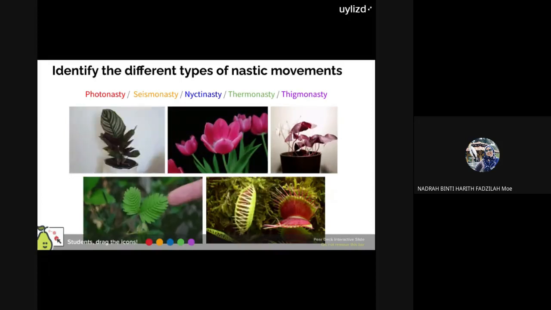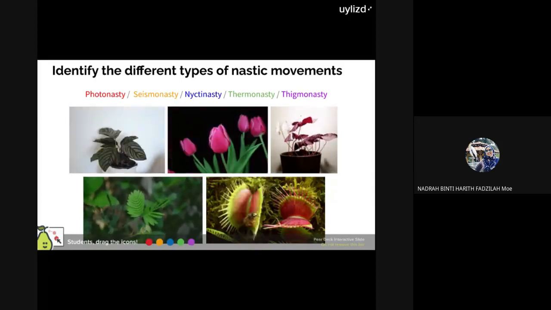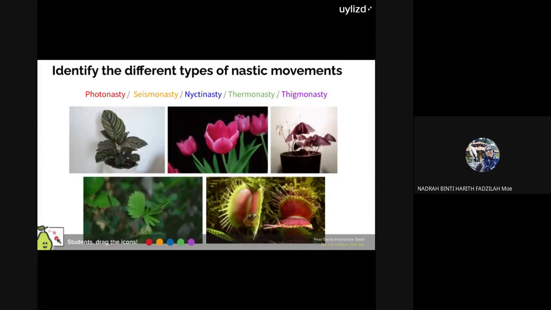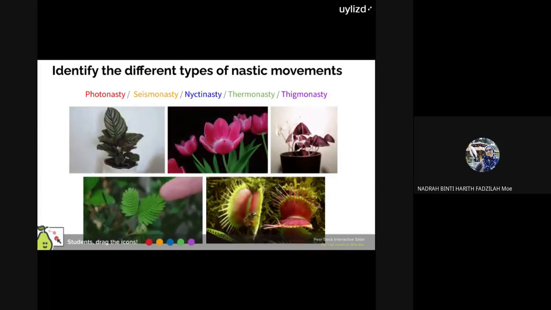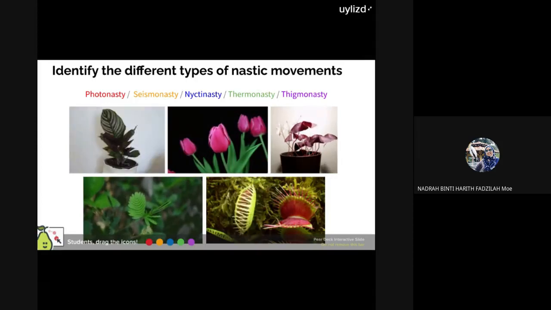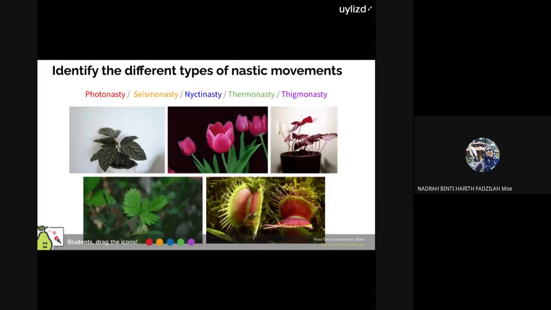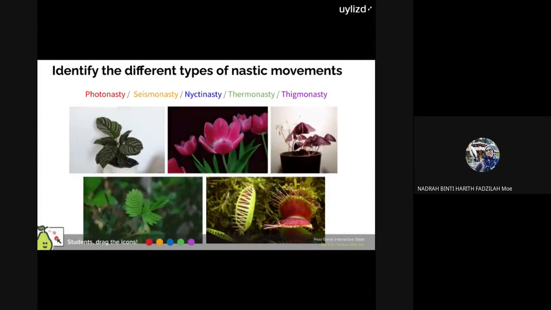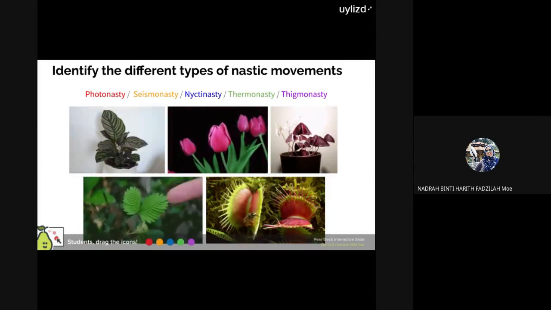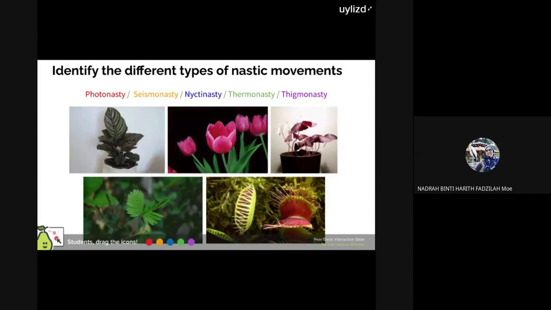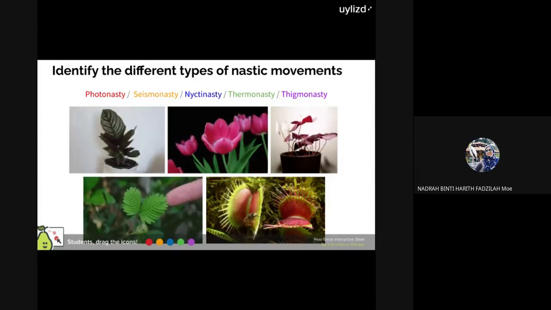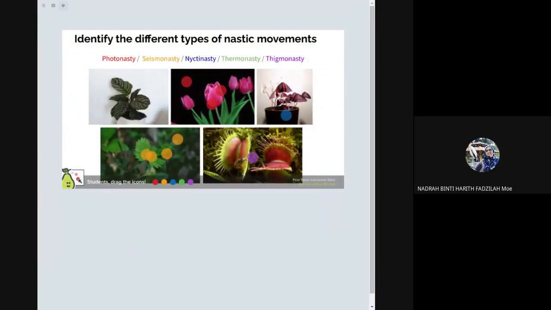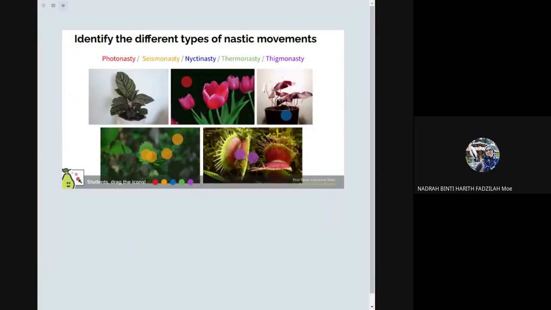So boleh tak kamu tengok, kamu pairkan which picture displays photonasty, which picture displays seismonasty, nyctinasty, thermonasty and thigmonasty. Bawa lah pergi mana-mana. Memang seismonasty tu paling senang lah nak tengok kan. Memang pun. Kalau tak tahu tu memang sedih lah cikgu sains dulu.